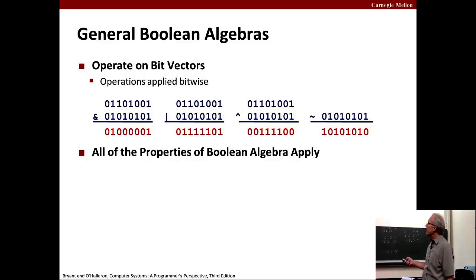And these symbols we use, the ampersand, vertical bar, caret, and tilde, are the ones that C uses to represent these operations. So again, the AND gives 1 only if both of the values are 1. And for the OR, it's if either of them are 1. The exclusive OR is 1 if one is 1 and the other is 0. And tilde is just to invert the bits of it.